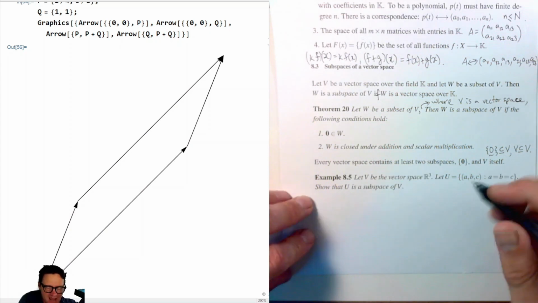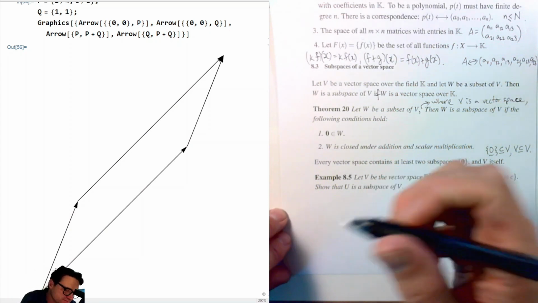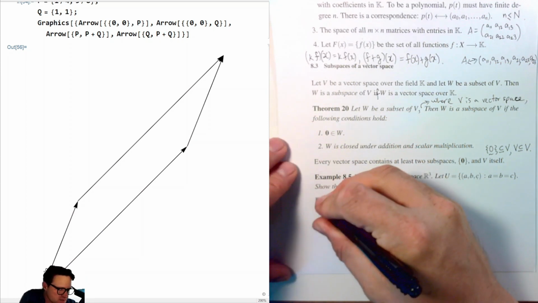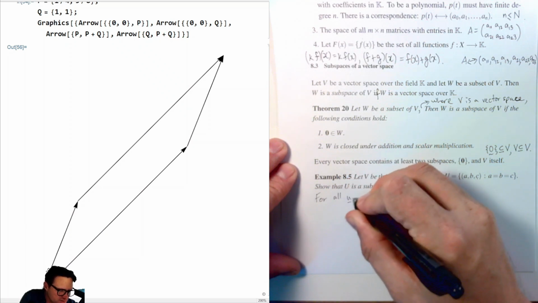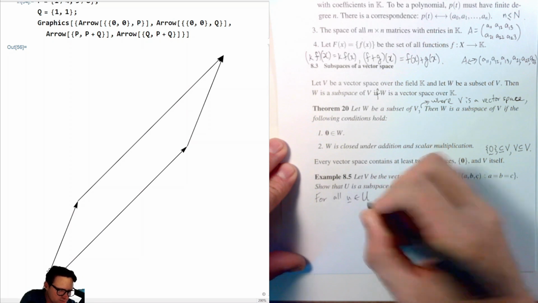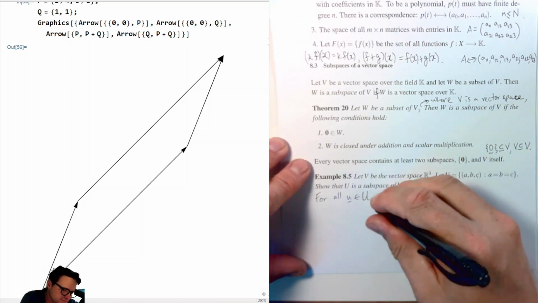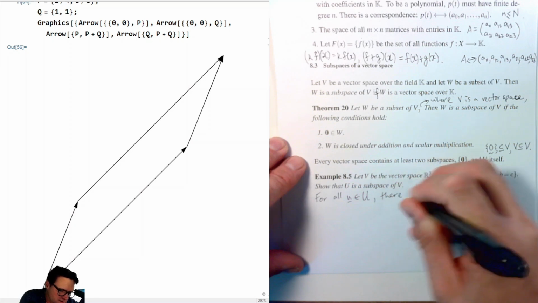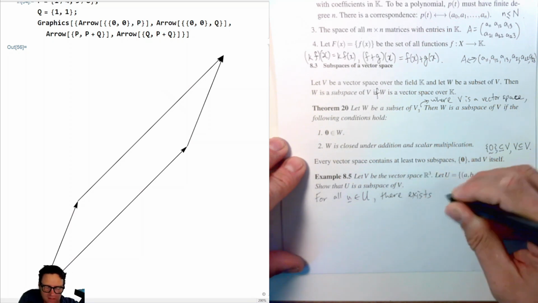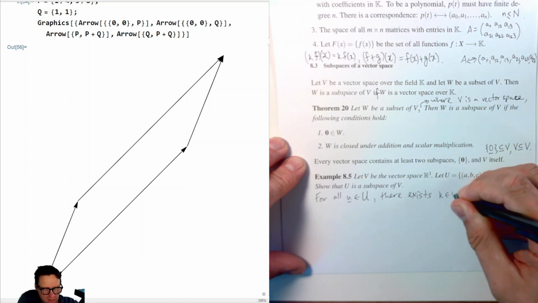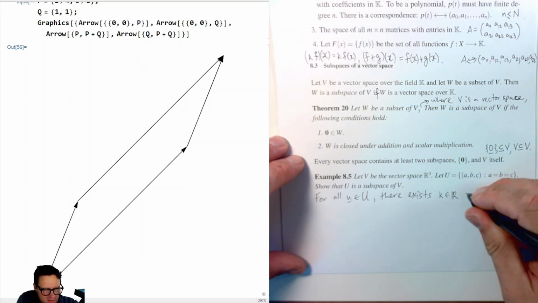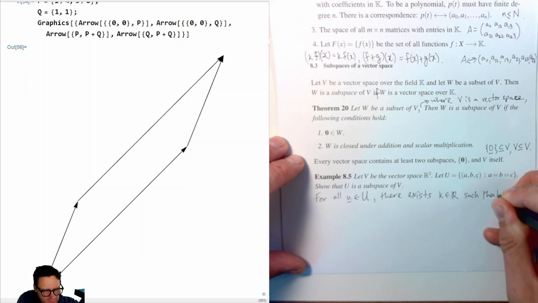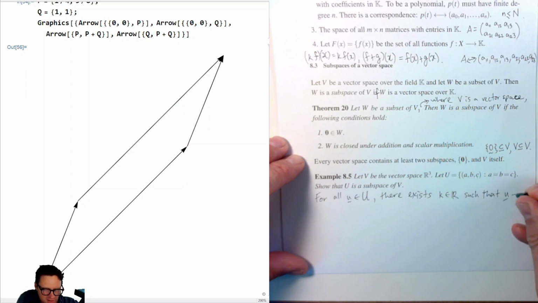So let's take an arbitrary element of the set U. For all vectors u belonging to the set U, there exists a scalar k, where the field of scalars here is the set of real numbers, such that the vector u is k times the vector (1, 1, 1).